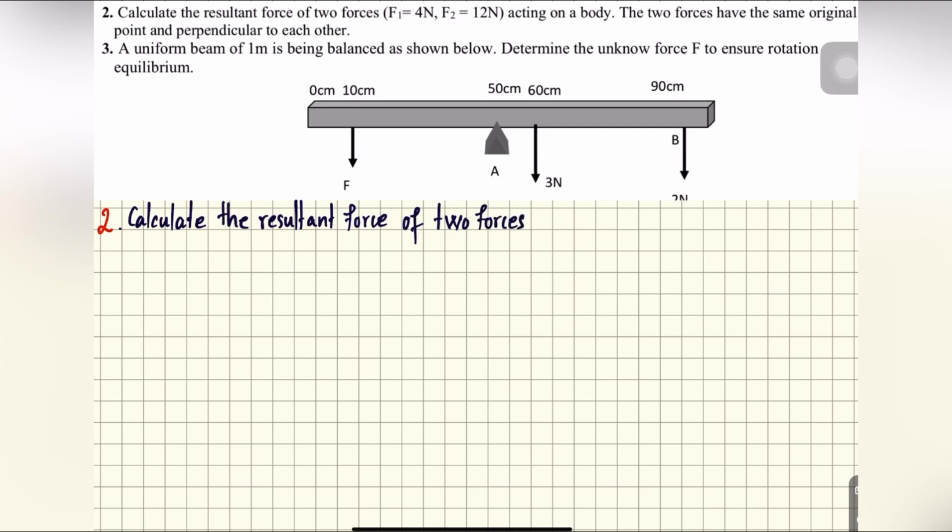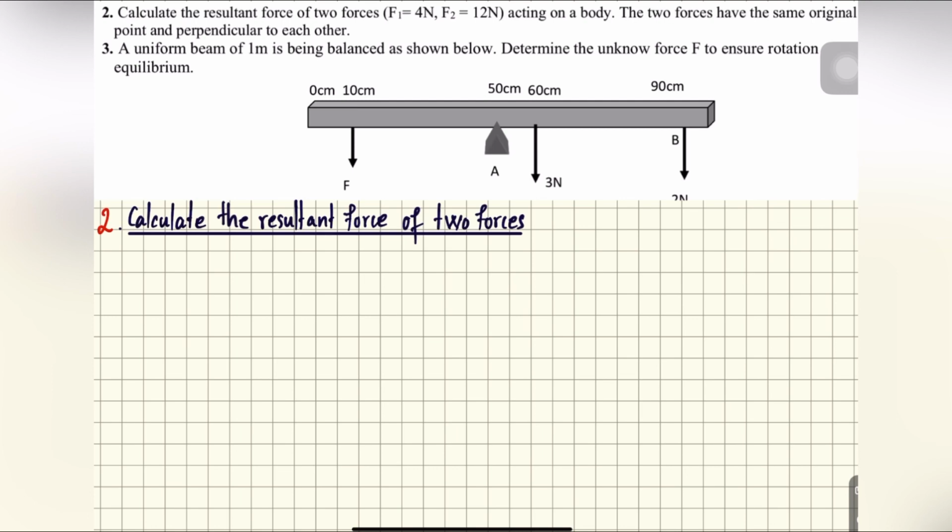To calculate the resultant force of two forces, you have to take a look at the free body diagram for two forces. They said that two forces, 4 newtons and 12 newtons, have the same original point and are perpendicular to each other.